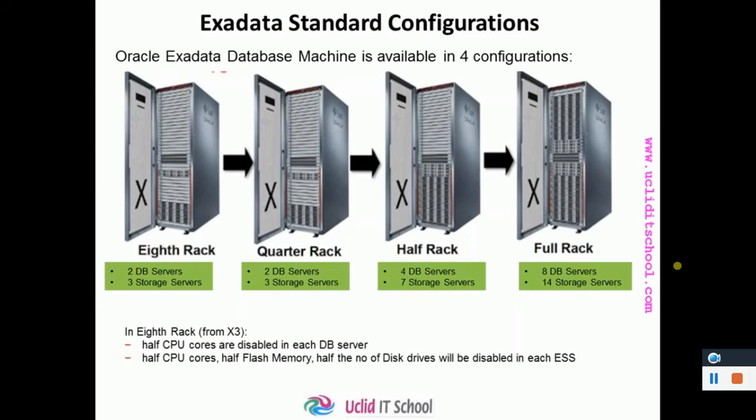Suppose you take a full rack, it has the maximum number of servers. Again, these servers are fixed by Oracle. The number is fixed by Oracle. In full rack, you will get 8 database servers and 14 storage servers.